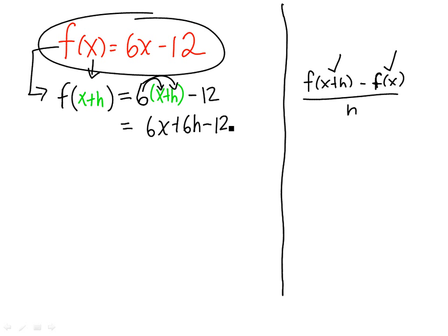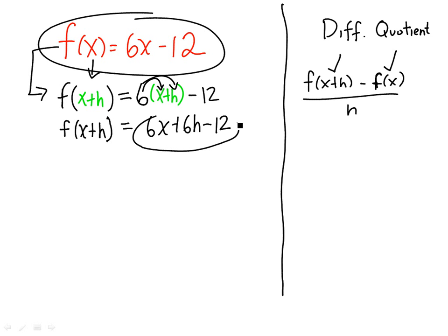All we have to do now is put our information into the difference quotient. So let's go back over here to the difference quotient. We needed the f of x plus h. We got it here. We needed the f of x. We got it here. And we just need to divide all of that by h.